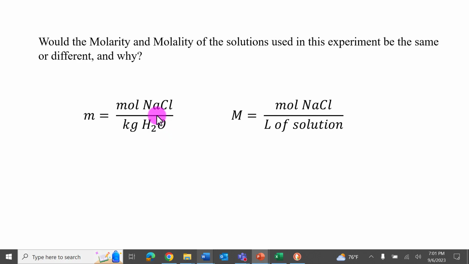Is the volume of your water basically the same as kilograms of water because of the density? So are we talking about pure water, or are we talking about the seawater type, water that's got minerals dissociated or dissolved in it? So you think about what that entails and then try and answer this question.